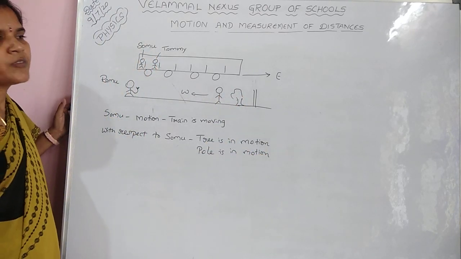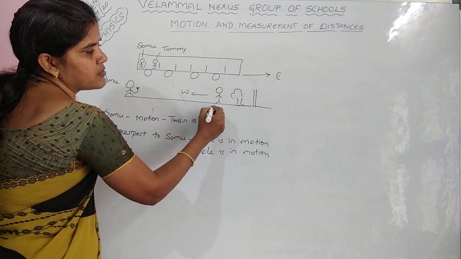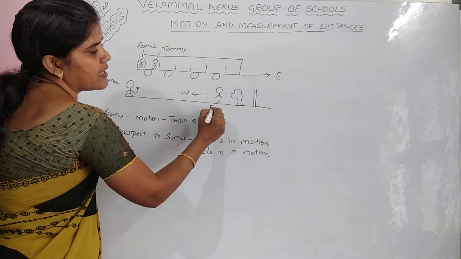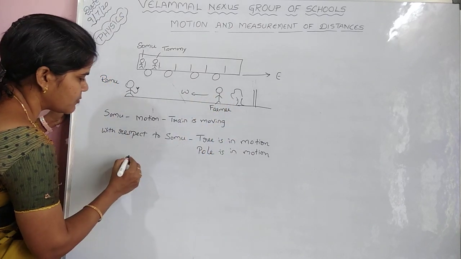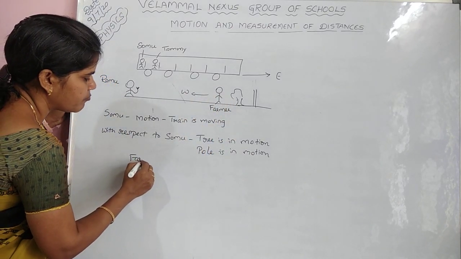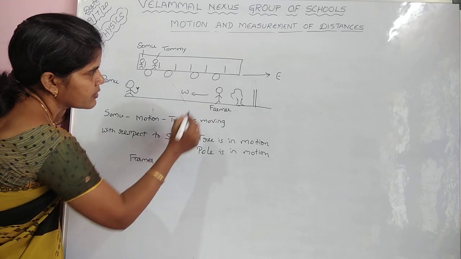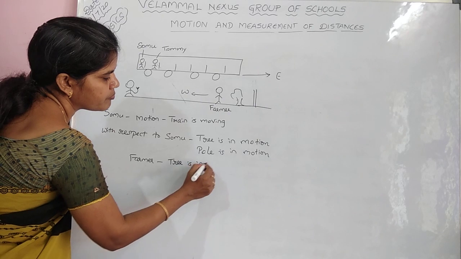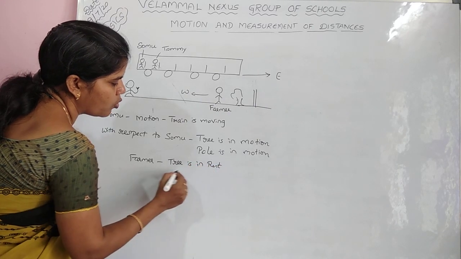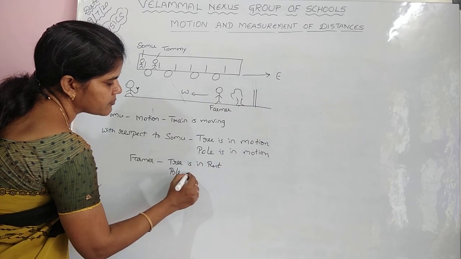Is it clear? With respect to this person, suppose I say he is a farmer, with respect to this farmer, the tree is in rest position. The pole is also in rest position.